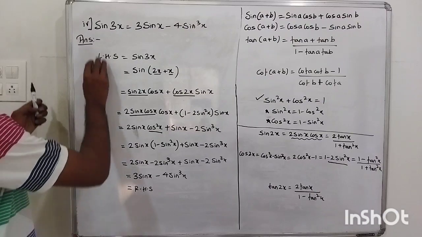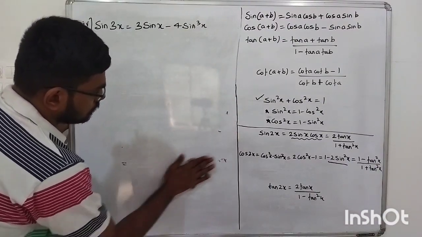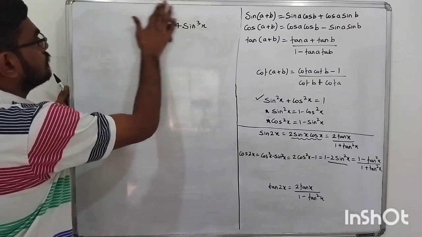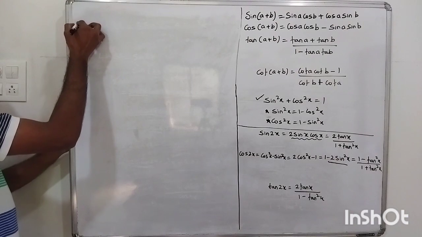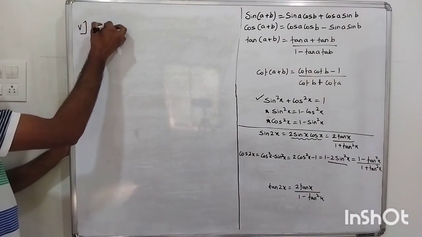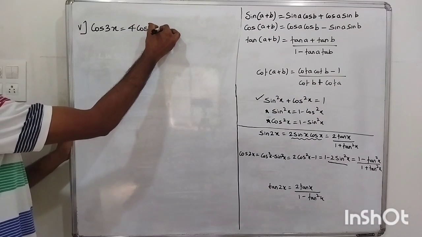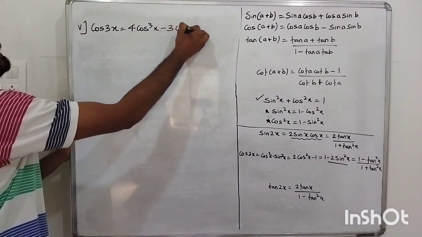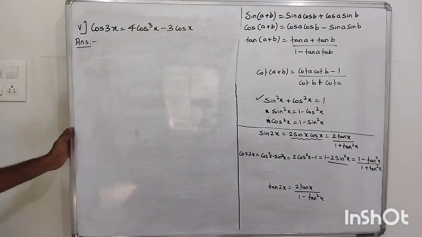We'll derive that fast. Fifth one. Cos 3x is equal to 4 cos cube x minus 3 cos x. How will you derive this? You derive this fast. Okay. So LHS.